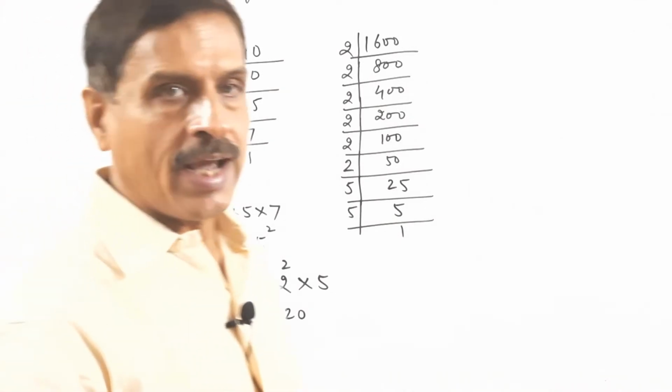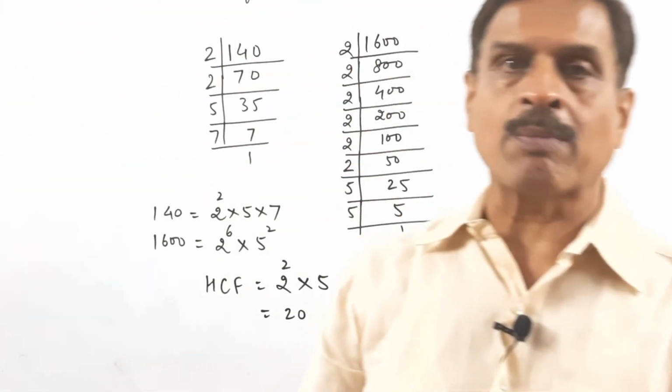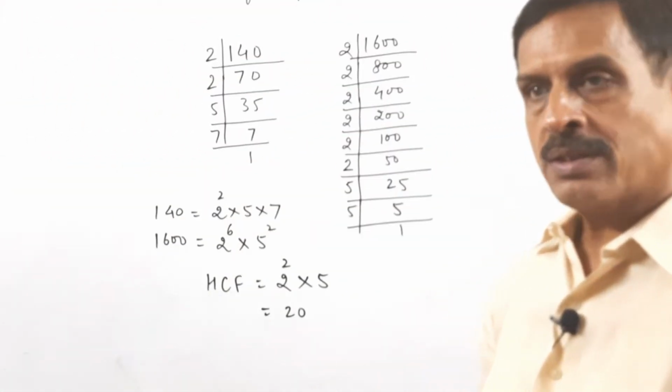We can also find LCM of the two numbers by prime factorization.